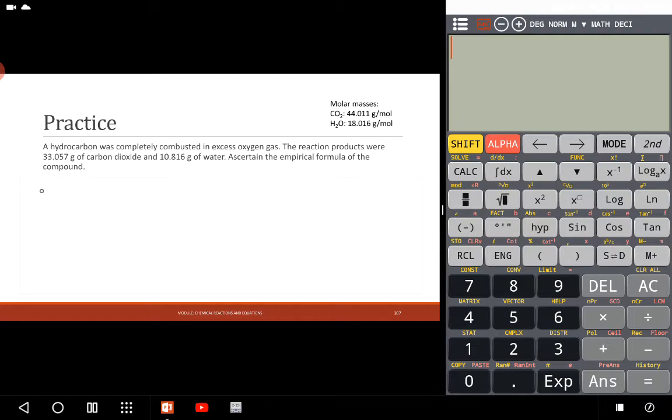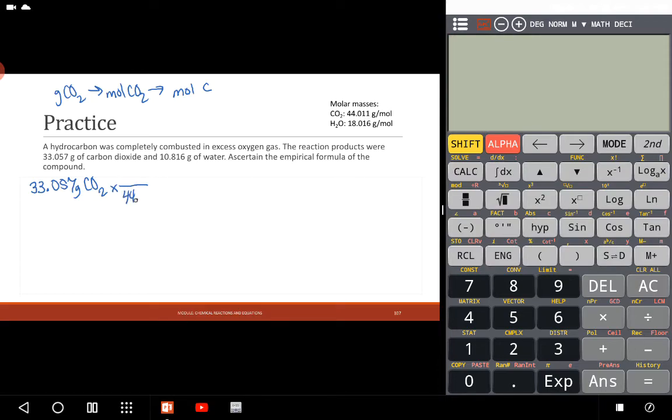All right, let's get going. So we know that we got to convert between our grams of CO2, get that into moles of CO2. That will get us into moles of carbon. So we have our 33.057 grams of carbon dioxide, and the molar masses are up here.